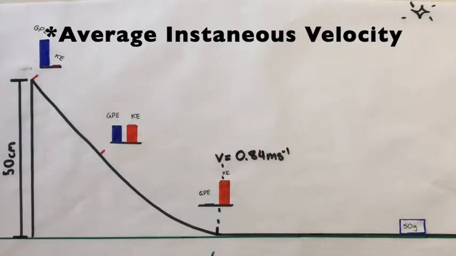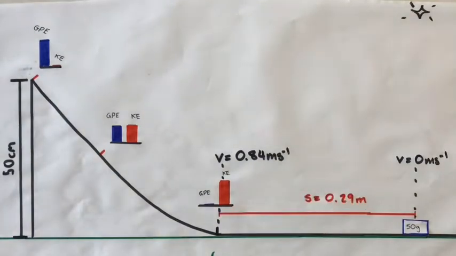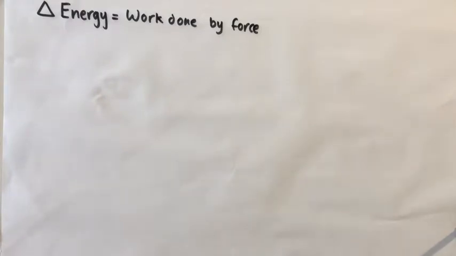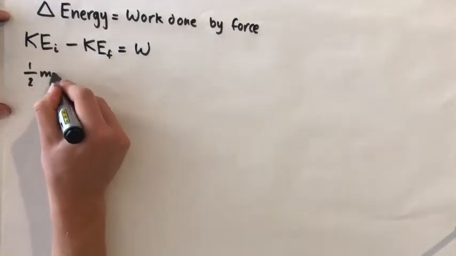Using frame-by-frame analysis, we determined the average velocity at the base point was 0.84 meters per second, and on average the weight slid 29 centimeters before stopping. By determining the change in energy between these 2 points, we could calculate the work done by the non-ideal force.